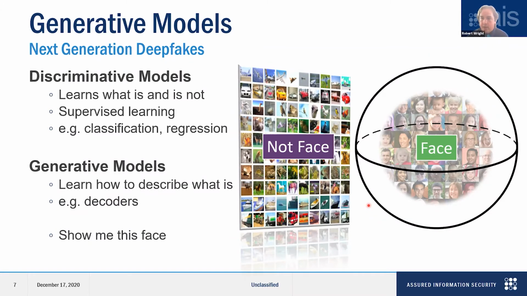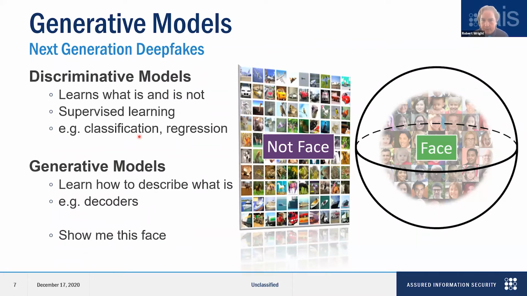In this example, what is a face and what's not a face. What the discriminative model is doing is trying to learn this hypersphere, where everything inside of it can be considered what we're interested in, in this case a face, and everything outside of it is not a face.